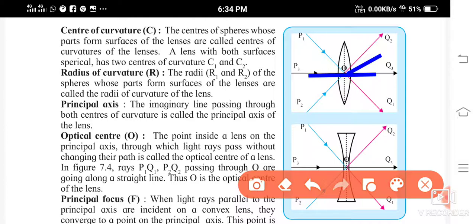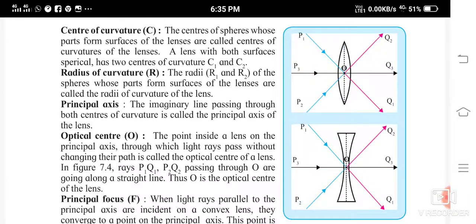The point inside the lens on the principal axis, this O, through which light passes without changing its path, is called the optical center of a lens.